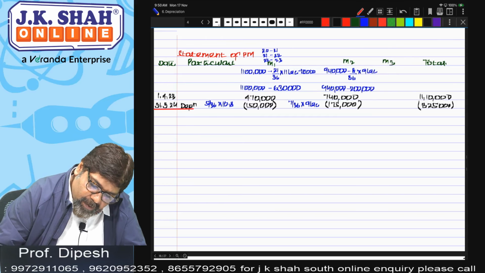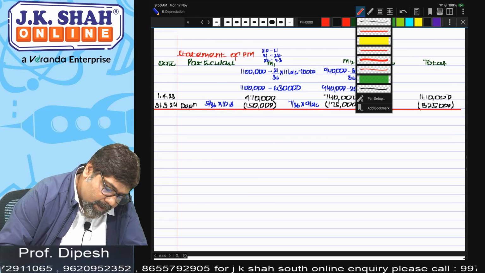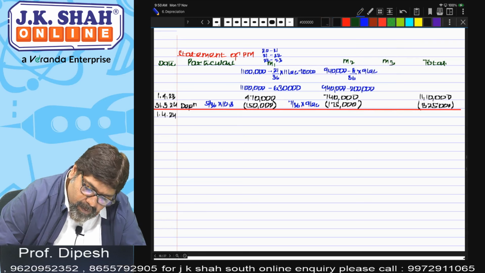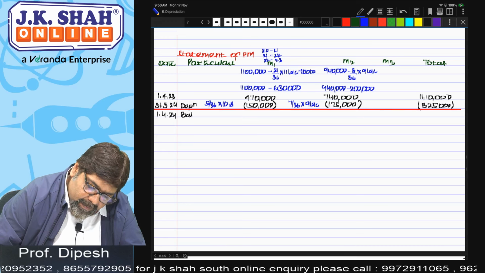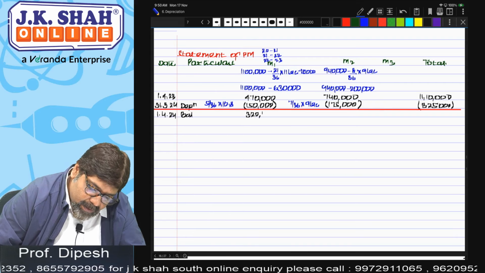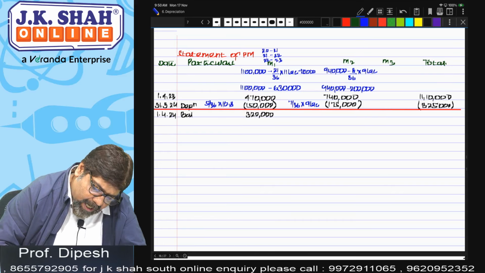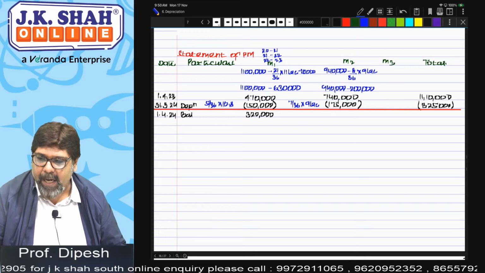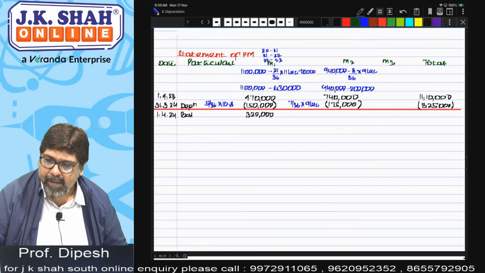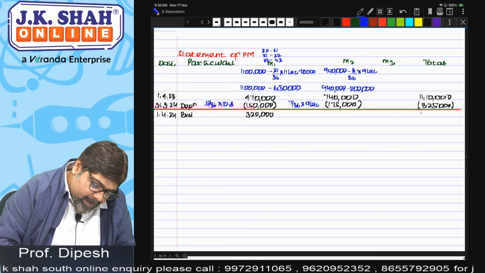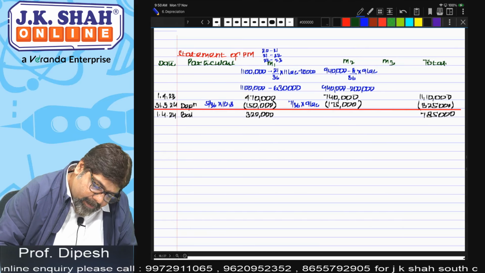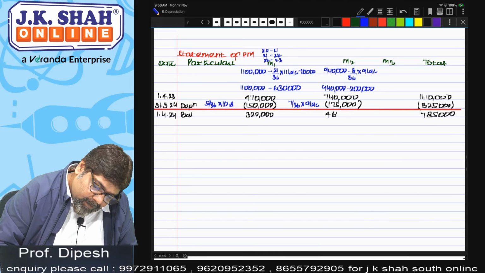So now we are on 1/4/24, balance 3 lakh 20 and 7,85 where from? So 4 lakh 65.